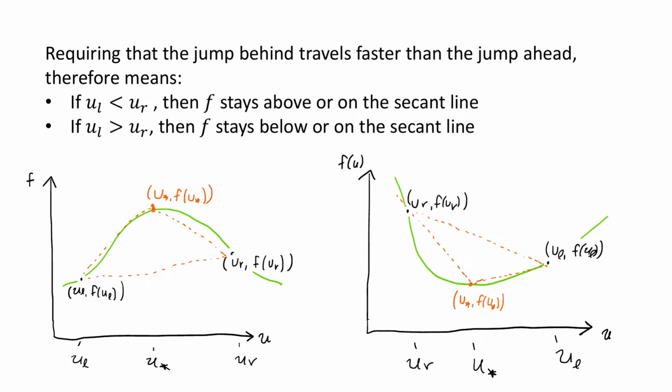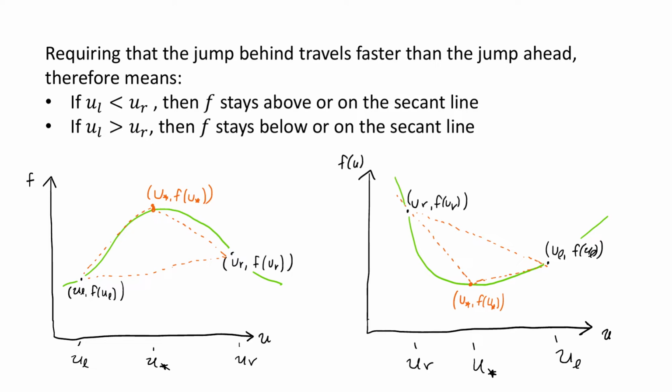And we also draw the secant lines that pass through (u*, f(u*)) and the other two points, (u_L, f(u_L)) and (u_R, f(u_R)). Oleinik's entropy condition basically states that the slope of the secant line passing through (u_L, f(u_L)) and (u*, f(u*)) must be larger than the slope of the secant line passing through (u*, f(u*)) and (u_R, f(u_R)) for any choice of value u* in between u_L and u_R.